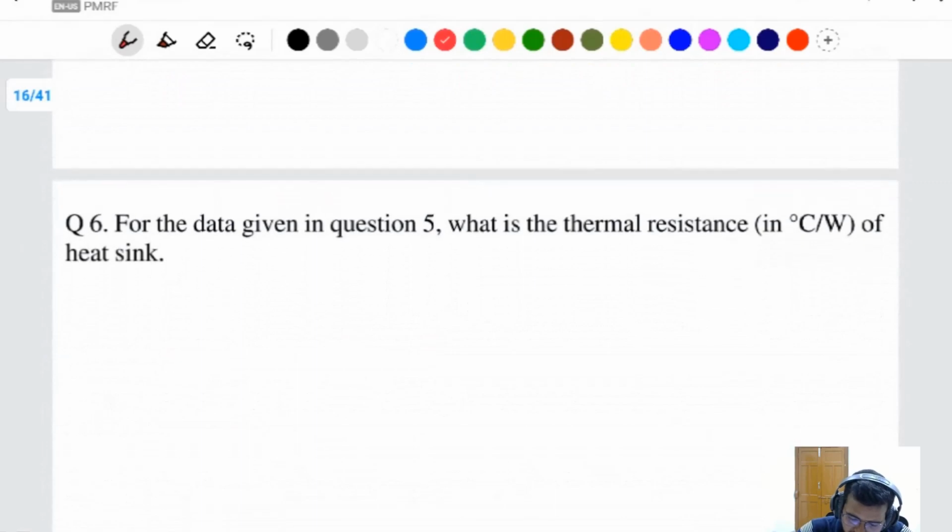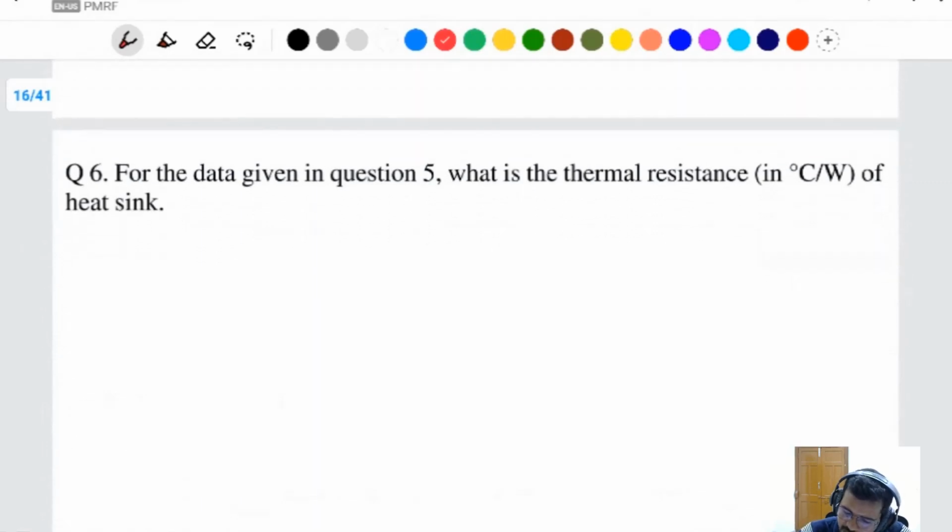For the same question given at question number 5, what is the thermal resistance in degree centigrade per watt? Now, thermal resistance will be delta T divided by Q. Q is the heat transfer, and this one is the temperature difference.